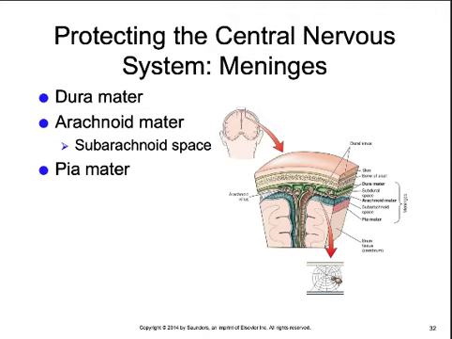Beneath it is the arachnoid mater. It has spider web-like extensions between the pia and the inner surface of the arachnoid. The subarachnoid space that surrounds the entire central nervous system is filled with cerebrospinal fluid, again providing cushioning, an appropriate temperature, pH, and electrolyte concentration, and a diffusible medium for CO2 and oxygen.